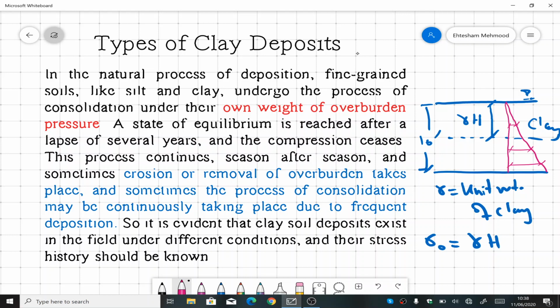For instance, if this clay deposit was placed recently, it will consolidate under its own weight, but obviously depending on the permeability it will take some time. Whenever we're going to do construction, it will depend on what phase the soil currently is, because that will change its behavior drastically. We'll see further definitions to further explain this concept of self-weight loading in consolidation.